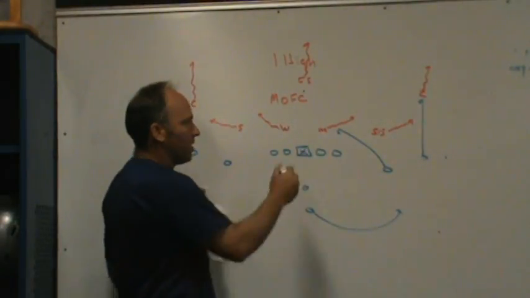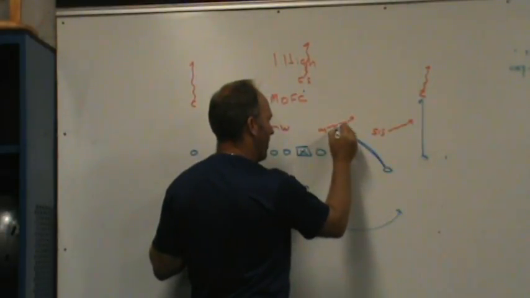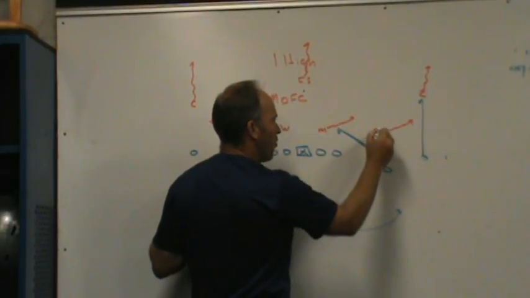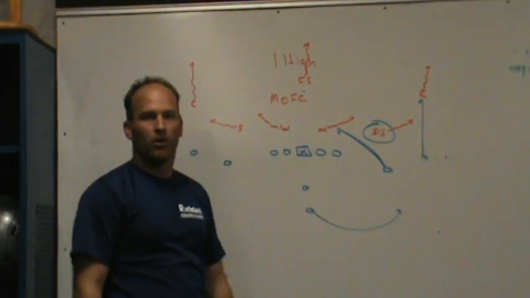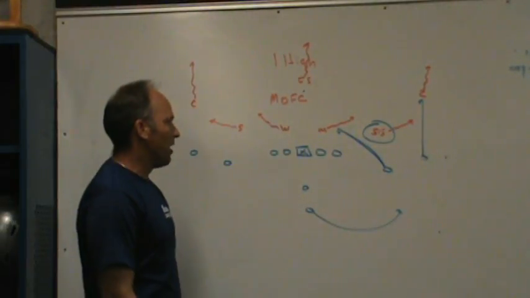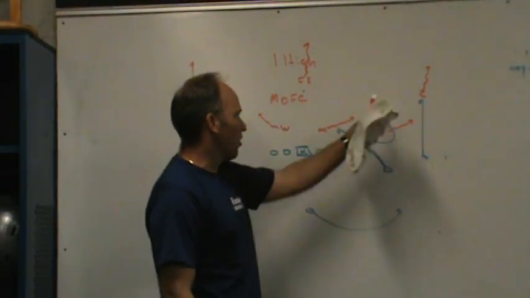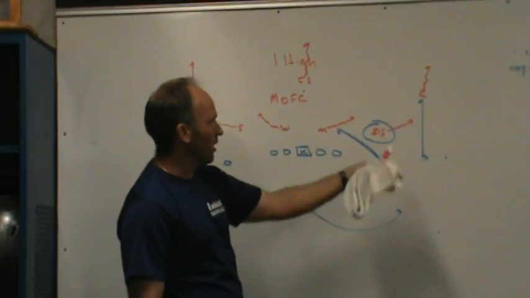So now, because of the structure, we feel like the spot eats up the Mike linebacker in the hook, and now we are just going to put all the leverage on the curl-flat defender for him to make up his mind whether he wants to defend the curl and rally to the flat, or if he has to defend the flat.